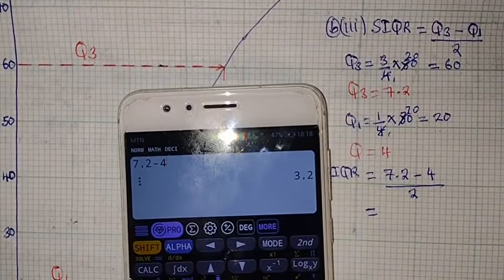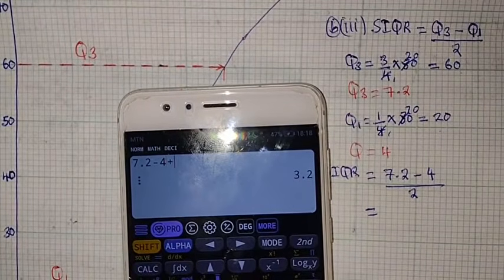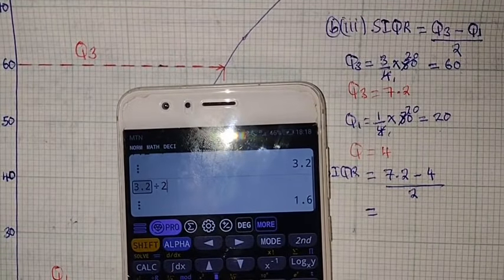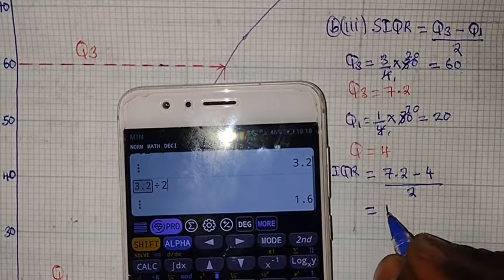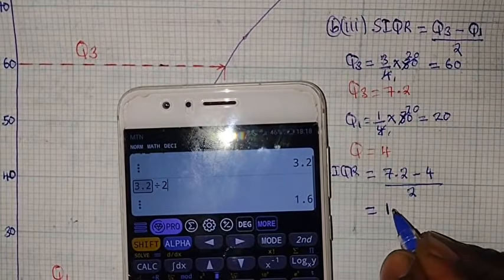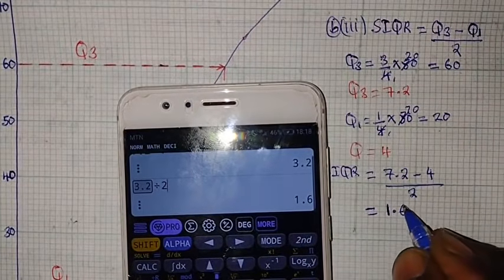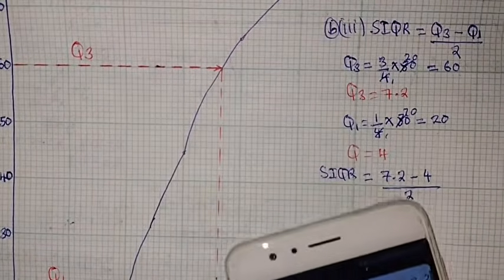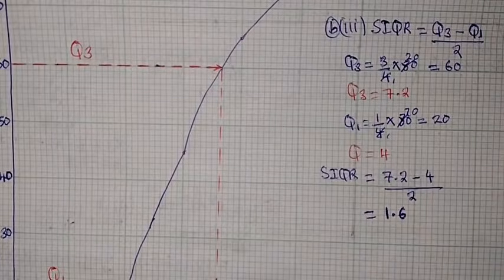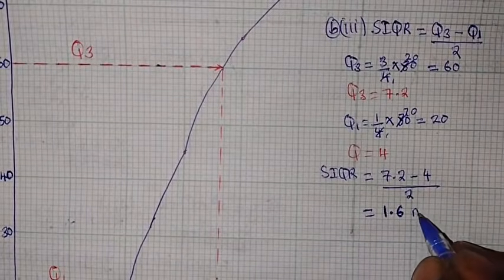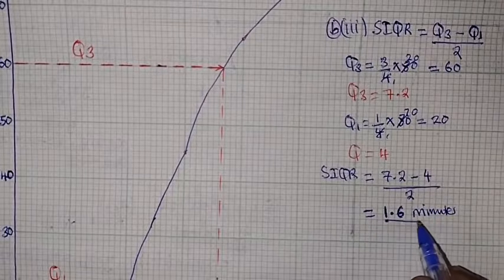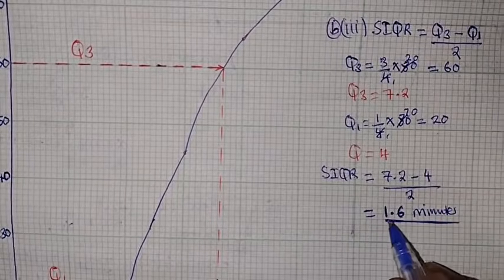So this 3.2, we need to divide by 2, and it will give us 1.6. 1.6 what? Minutes. So you even write here minutes. So this is our answer.